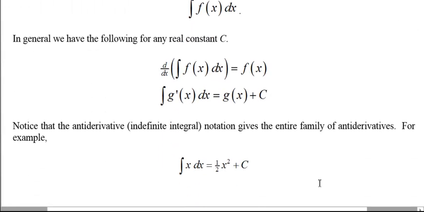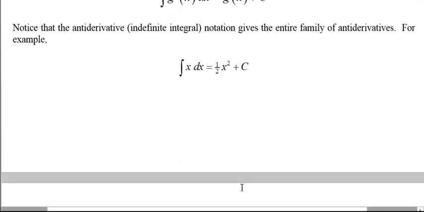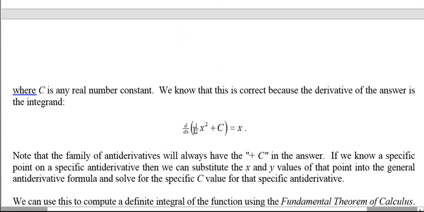So let's look at a very simple example. The family of antiderivatives of x dx, or the indefinite integral of x dx, is 1/2 x squared plus c. Well, how do I know this? Because if I take the derivative of the answer, 1/2 x squared plus c, then I am right back to where I started at x. See, check it out. The derivative of c is 0.